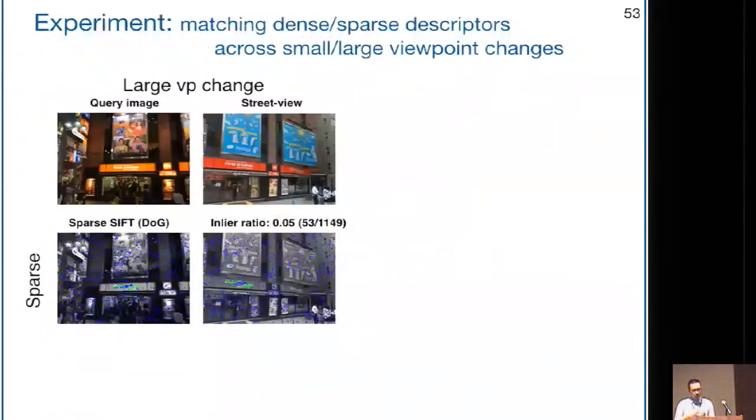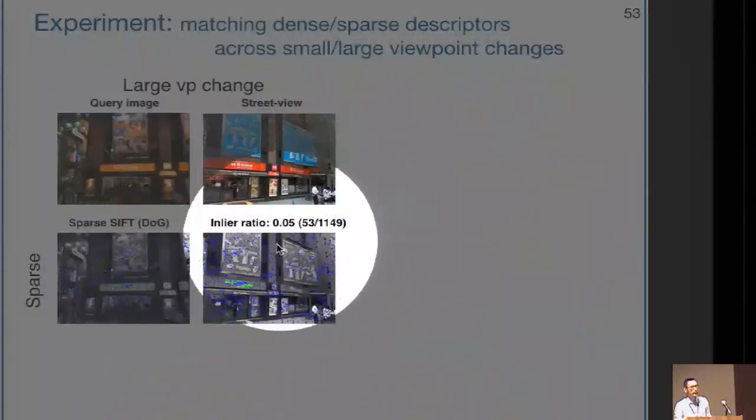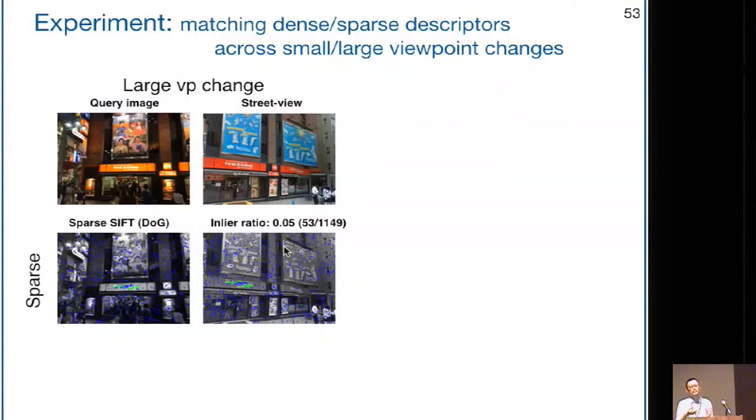So we tried a simple experiment. On the left is a query image, on the right is a street view image. We run the standard feature matching with RANSAC, and we evaluate the number of inlier matches that can indicate the difficulty or easiness of the image retrieval. Because if the inlier rate is high, we can easily retrieve the images.